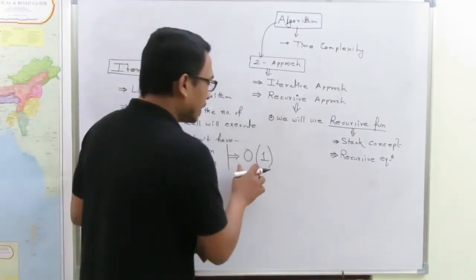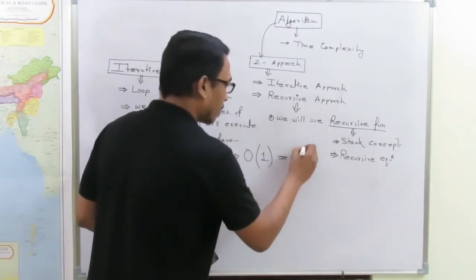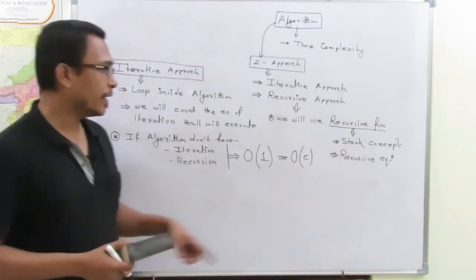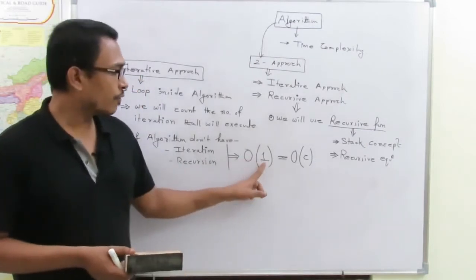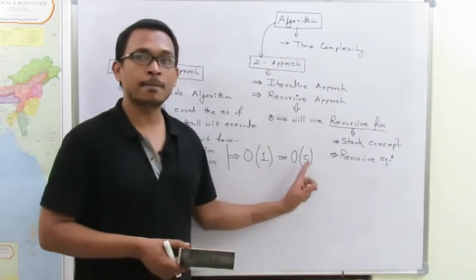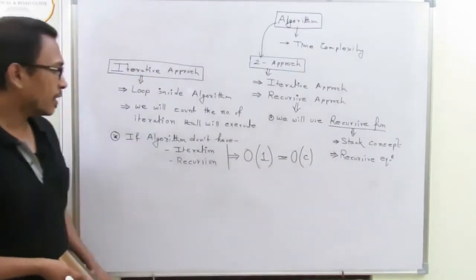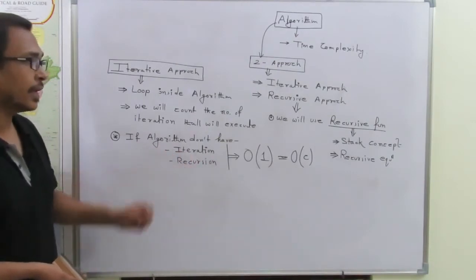This is also equivalent to big O of C, that means constant time. Any constant time we can represent in two ways, that is big O of 1 or big O of C. Clear? And that is when the algorithm does not have any iteration and recursion in it.